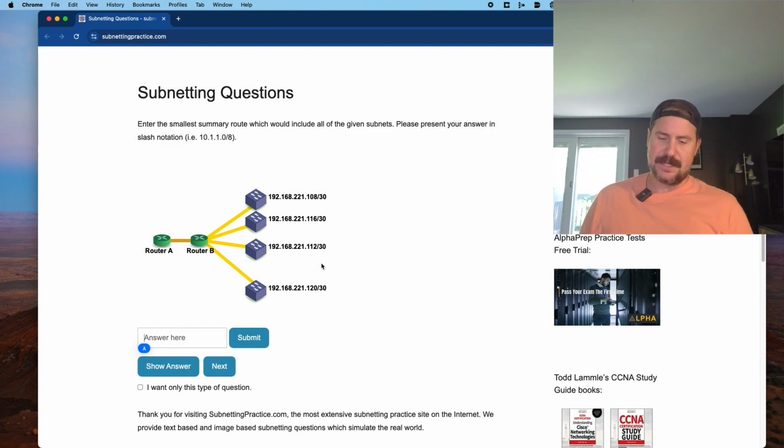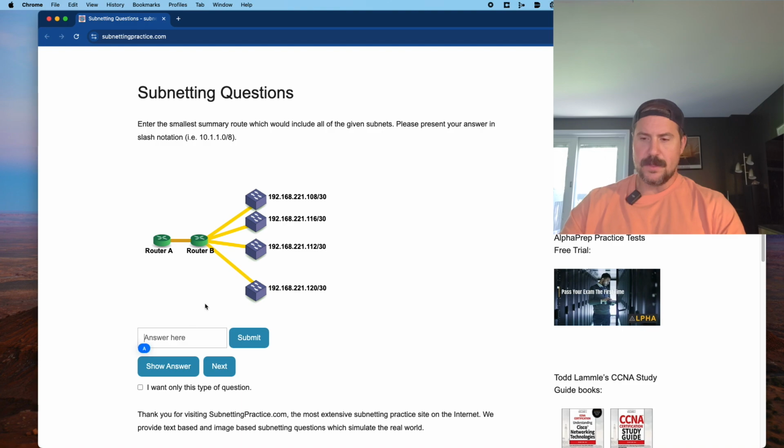So that's my guess, that it's going to look like this. The first 3 octets are the same, 192.168.221.96, and we're going to do a slash 27. Here we go, submit. And that was correct.